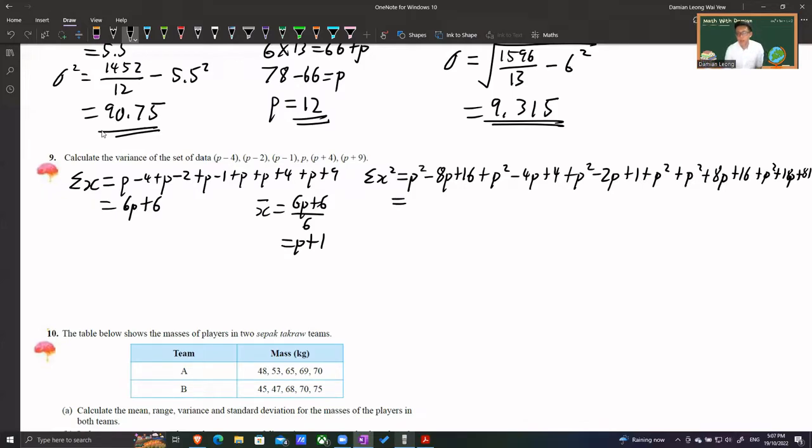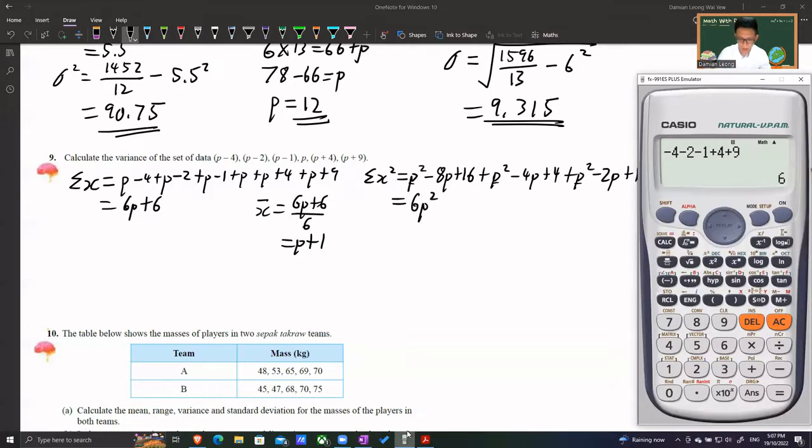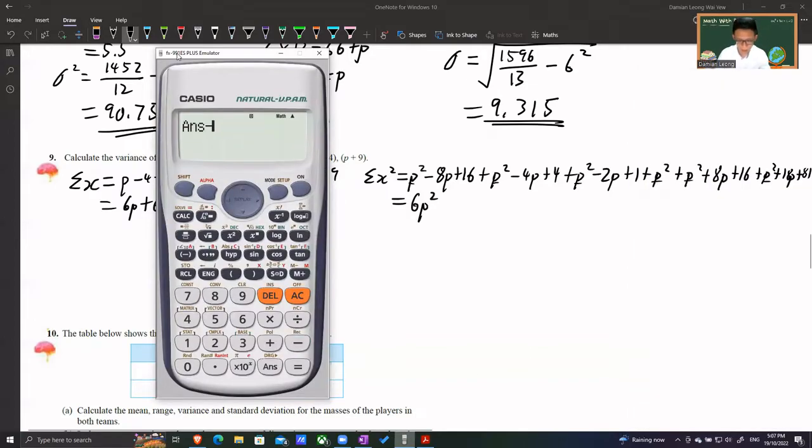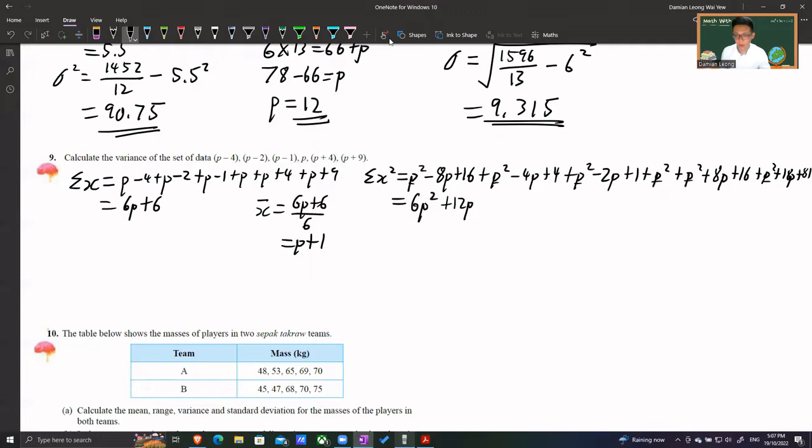If I simplify this, there's 1, 2, 3, 4, 5, 6 p squared. And the p values, minus 8, minus 4, minus 2, plus 8, plus 18, 12, plus 12p.